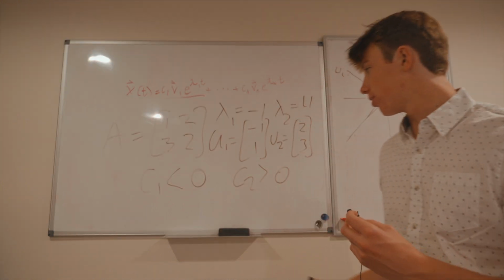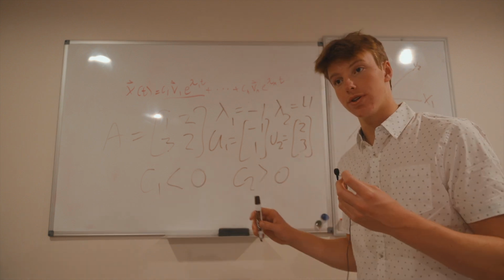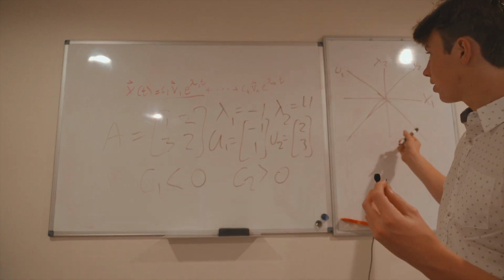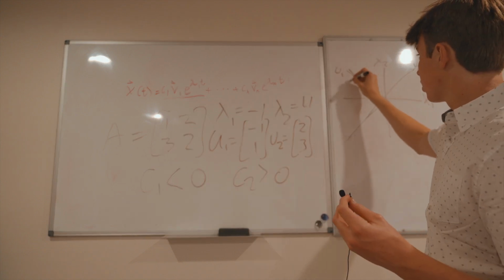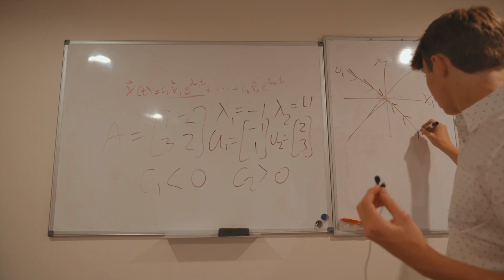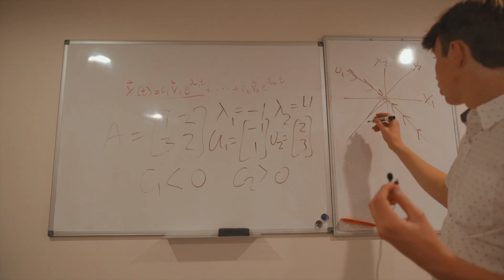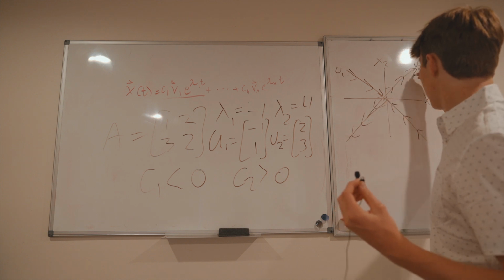In this situation, we will have c1 is less than 0, c2 is greater than 0. This means that our u1, sorry, it's got a little messy. This means that our u1 will be going in towards the origin, like this, and our u2 will be going away from the origin, like that.